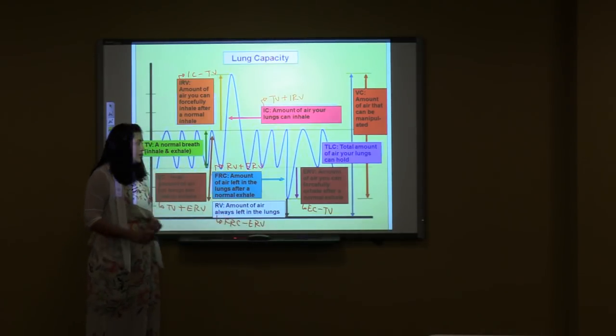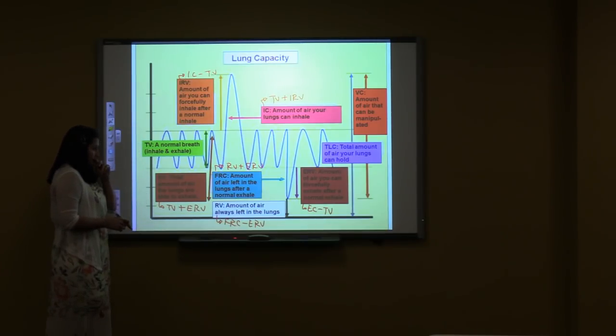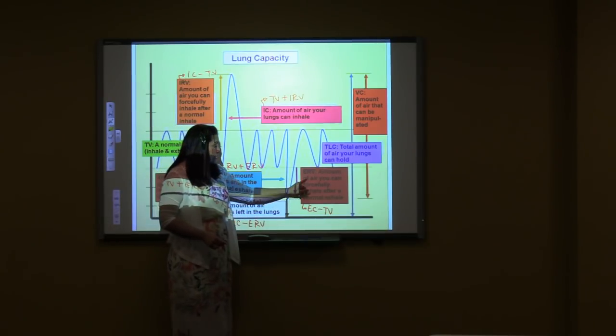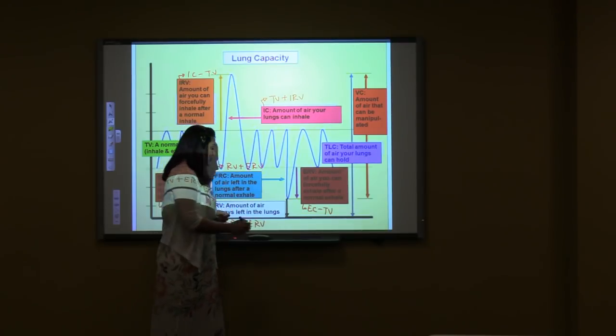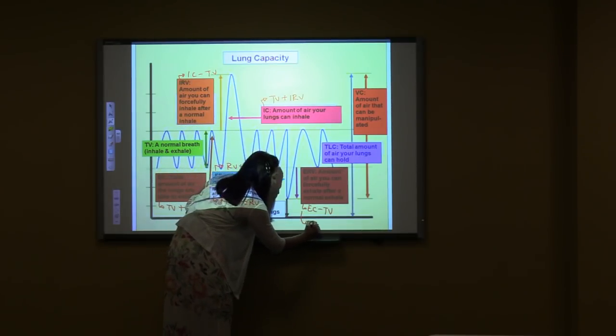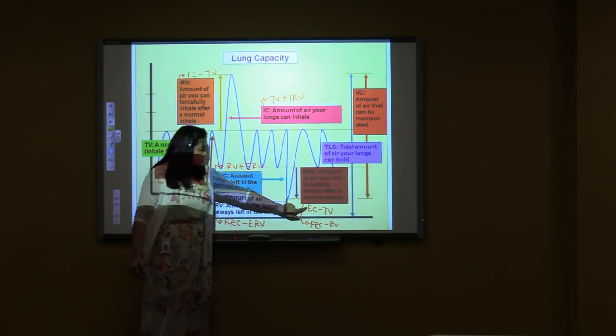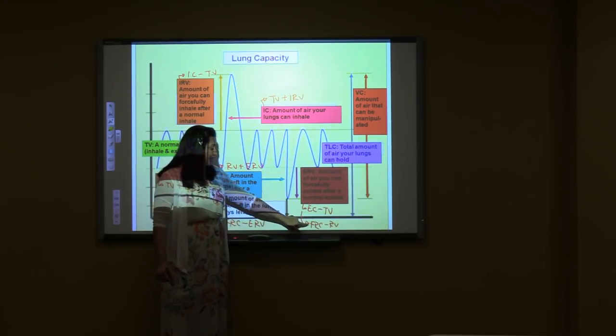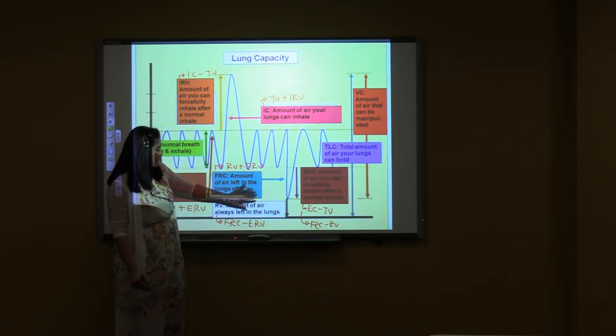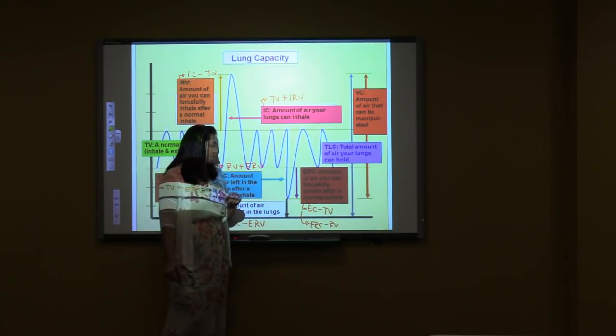FRC minus ERV. This can also be calculated a different way. So two equations can be used for this one. It's FRC minus RV. So this minus this will give you this.